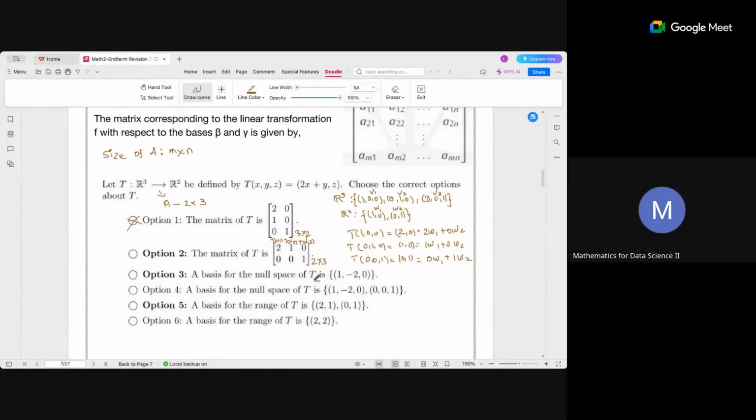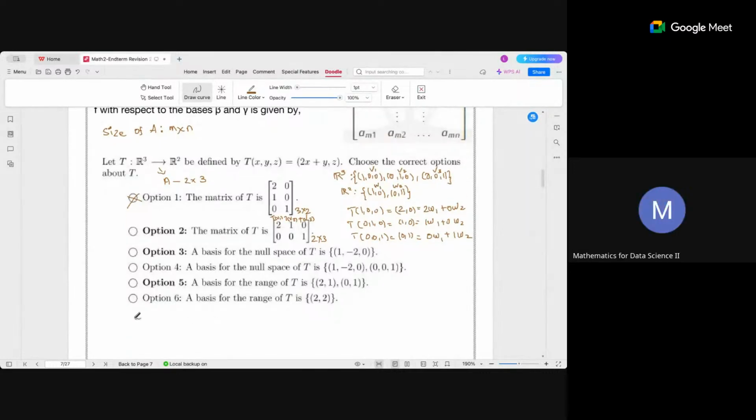A basis for the null space of T is (1, -2, 0). So now what is a basis for the null space? For that you should know what the null space is. Null space means T of (x, y, z) is 0, and 0 here means 0 in R2. So you should have (2x plus y, z) equal to (0, 0).